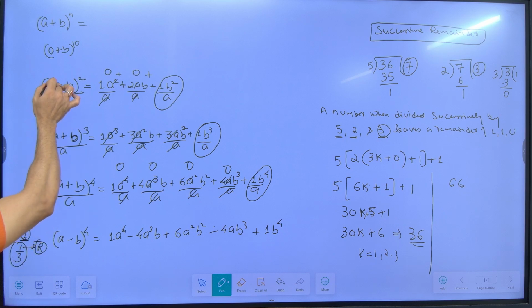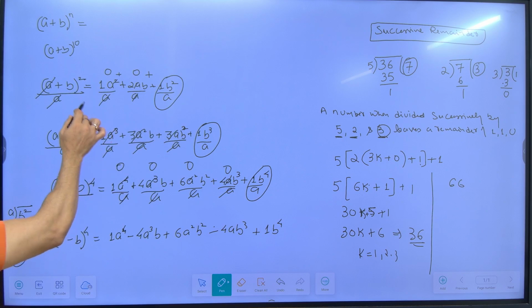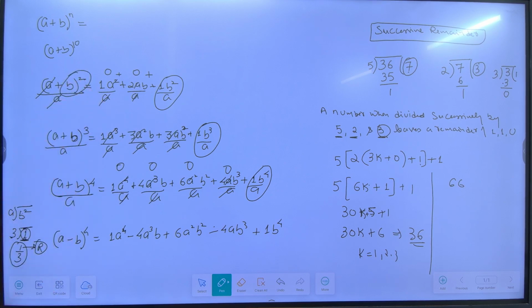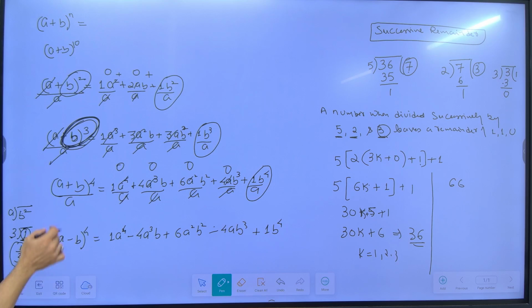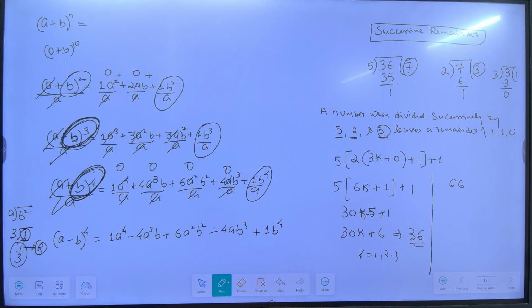This a will cancel all integral multiples of a. It will cancel all the terms except the last term. See, b square. This a will cancel all integral multiples of a. What it will not be able to cancel is b raised to the power 4.